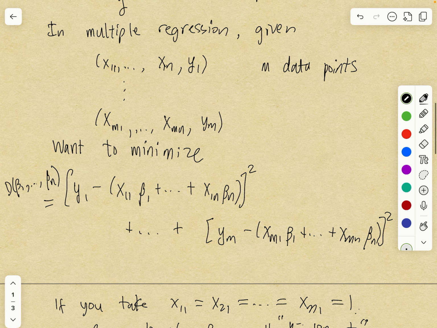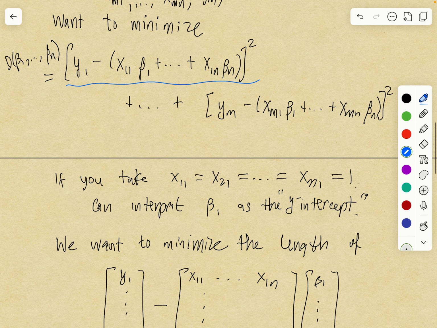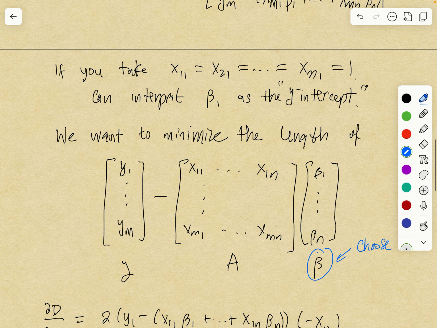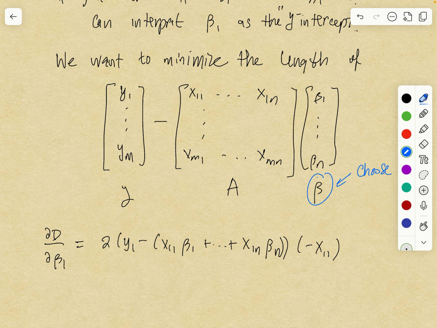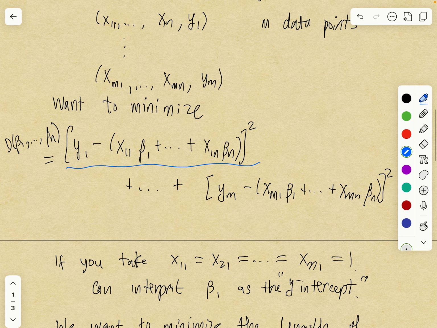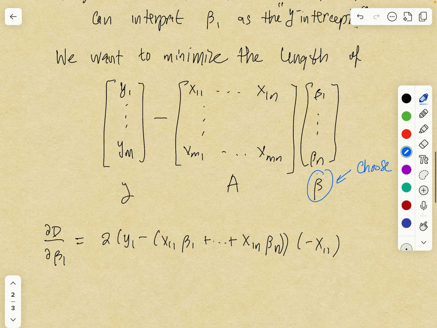That is from the derivative of the first term, because you bring the 2 down, but then there's a chain rule, right? You have to multiply by the x11. Okay, so that's the partial derivative of the first term, but then you have to do all the other terms.